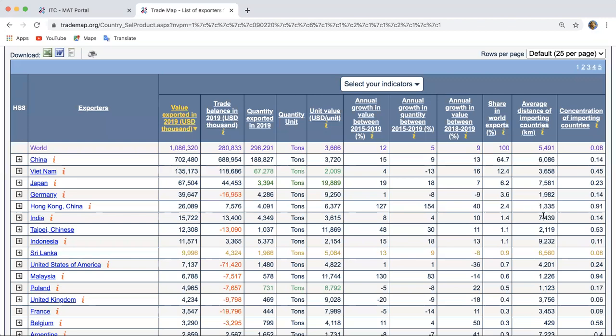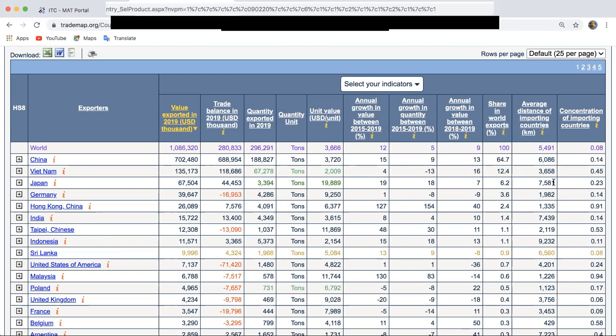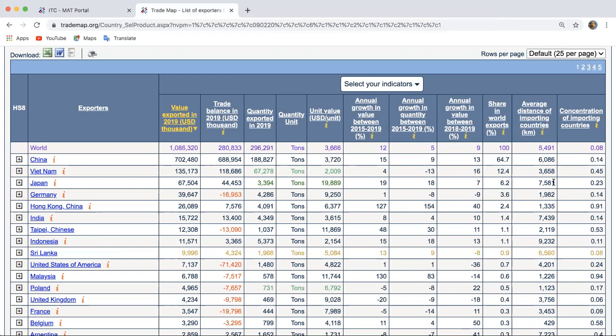And then when I am, for example, an exporter of Japan, I can check if my market is actually further away from my usual importing countries, or if it's closer. That's how you look into it.